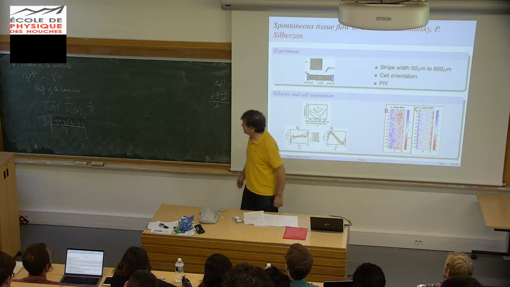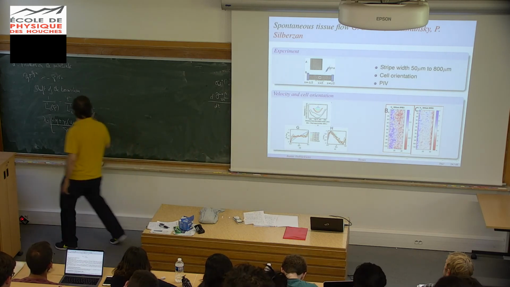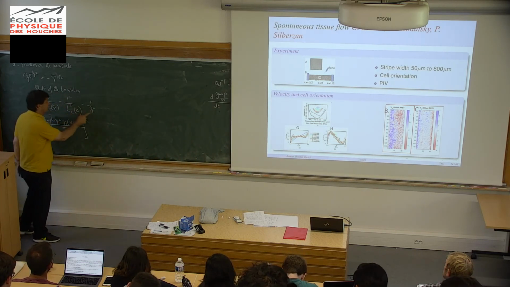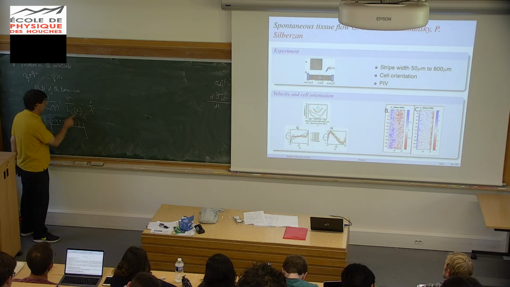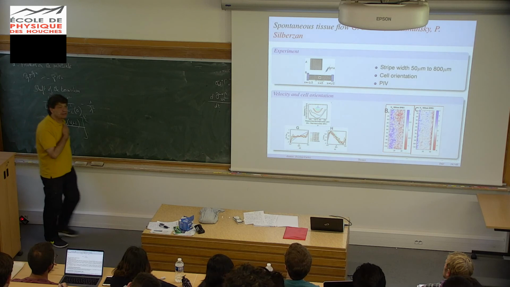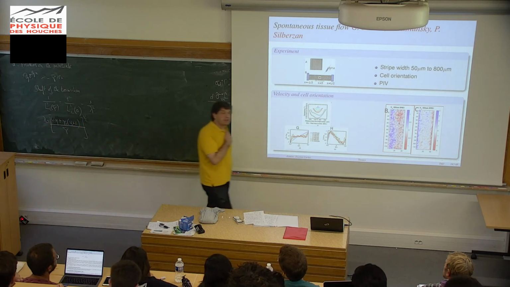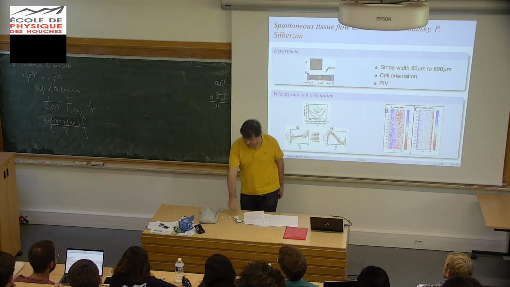Now you see that if the friction length becomes equal to this critical length, this one becomes infinite and the transition disappears. So if the friction coefficient is too large, the transition disappears.